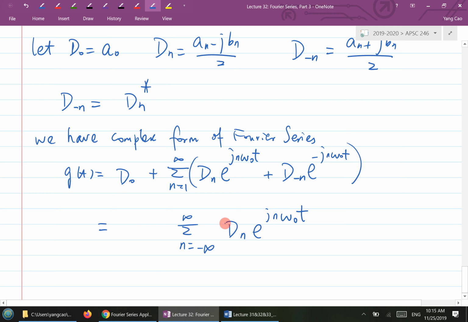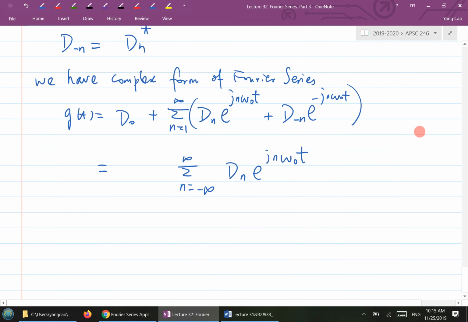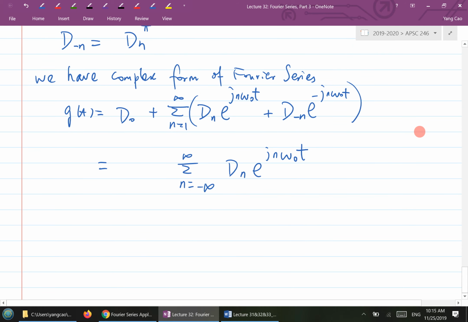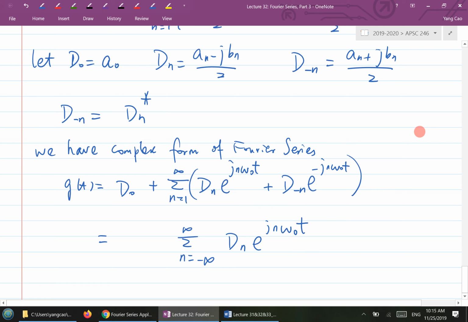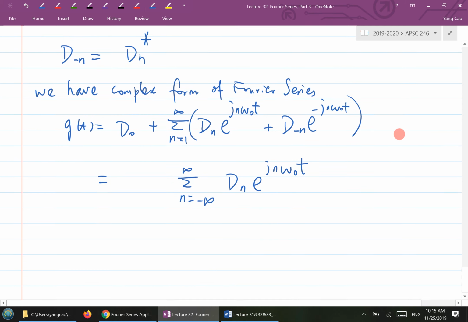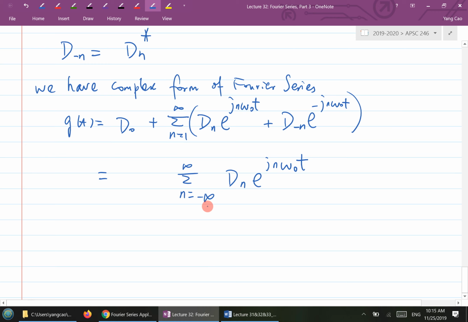So let's see if this makes sense or not. Always remember what the dn and the d negative n mean. If I start from negative infinity, then let's say when n is negative 100, what's this term now? This is d negative 100 e to the power of negative j 100 omega naught t, right?